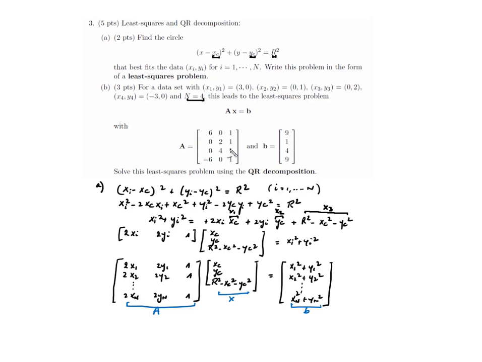We have the 1 over here, and here we have x1 square, so that's 9, plus y1 square, that's 0, so that's a 9. If you check this for the other rows, you will see that this is indeed the least squares problem we end up with in this particular case.